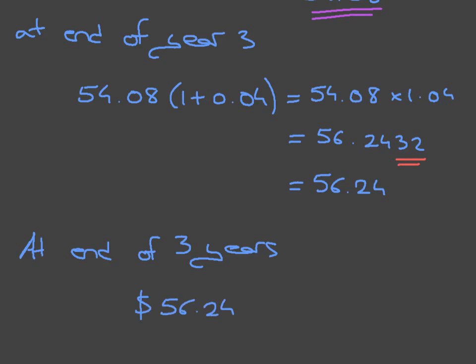Now, a faster way to get this result is to use the formula. If we invest an initial amount A with a rate, say R%, for n years, then when we are working with compound interest, we can calculate how much this amount A will turn into after n years by using this formula.